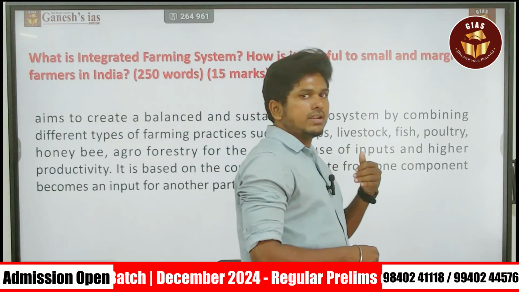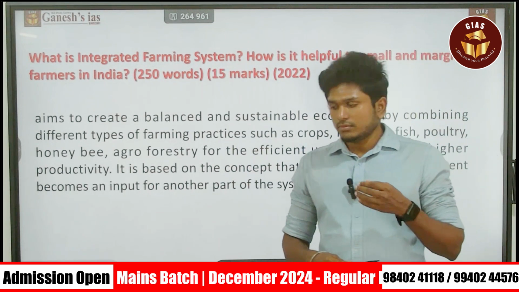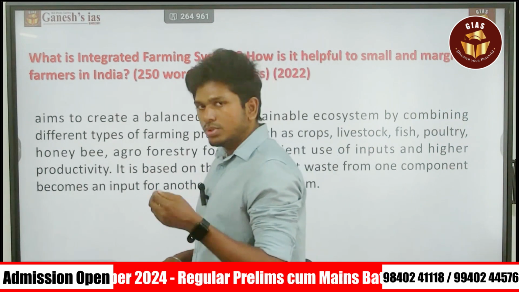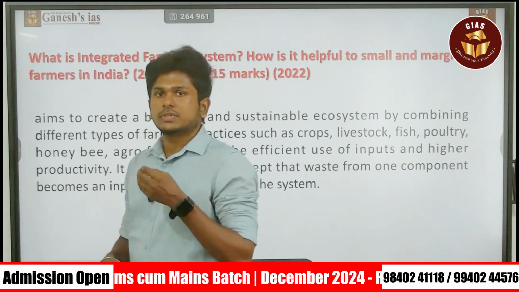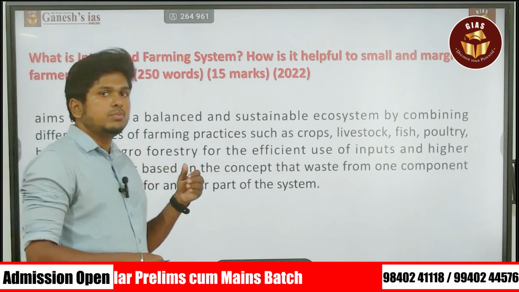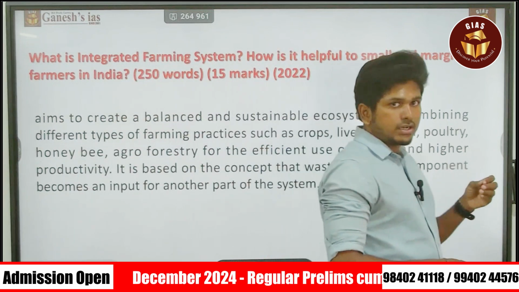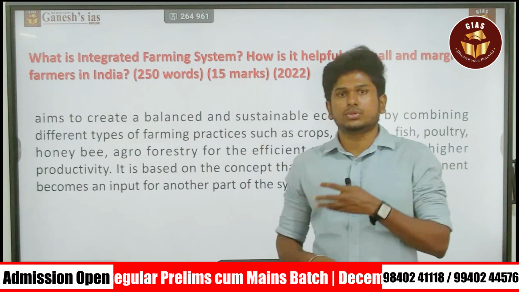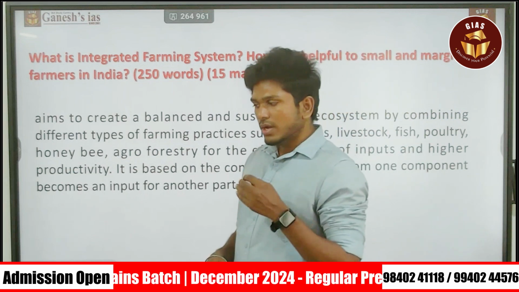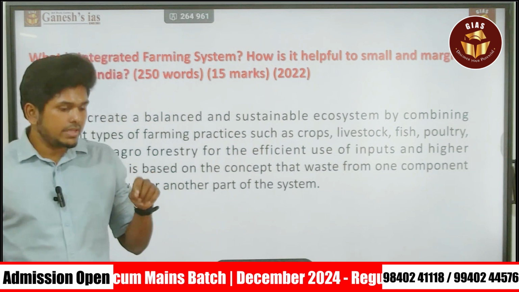So if there is any data related to the small and marginal farmers of India, the data is more than 80% of the Indian farmers are small and marginal farmers. So this is the data you need to use in this question. So you have to think it before you are making an answer writing.